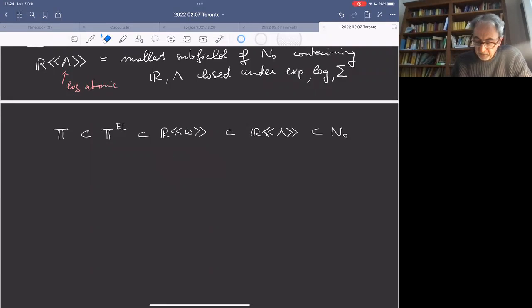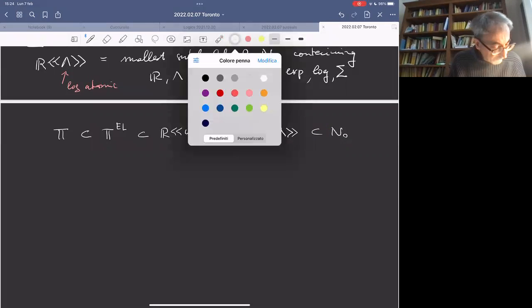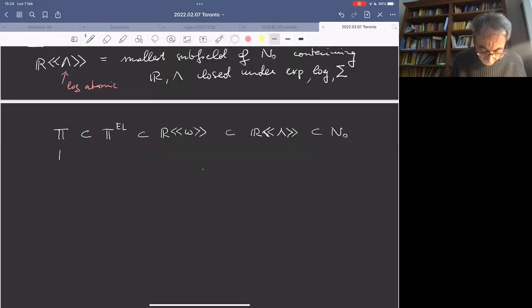I already spoke of this. This is a new entry here. It's non-trivial to show that it's included properly in the surreals. Let me take some representatives here. So in the transseries, we may have something like the sum over n of log omega to the minus n.